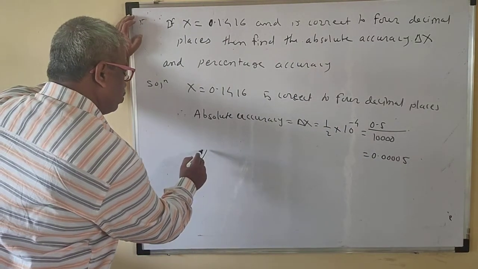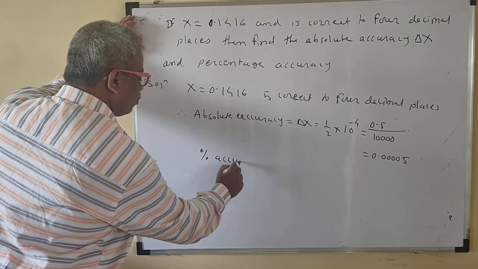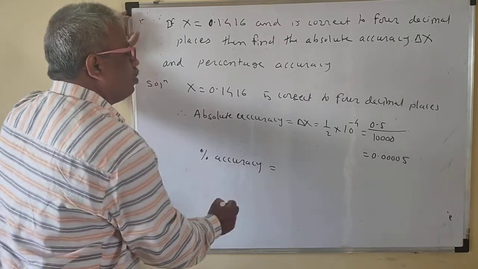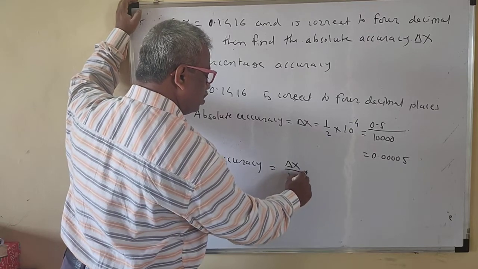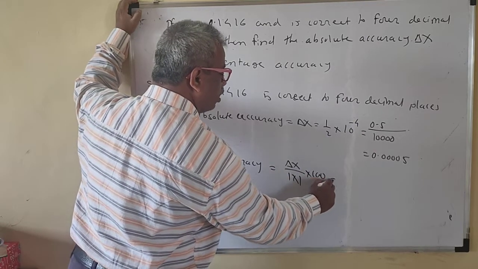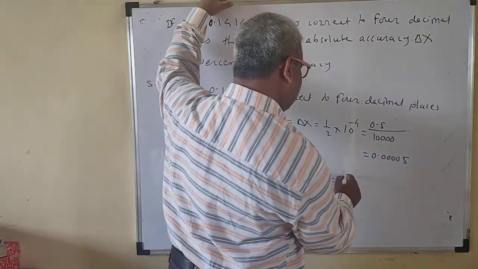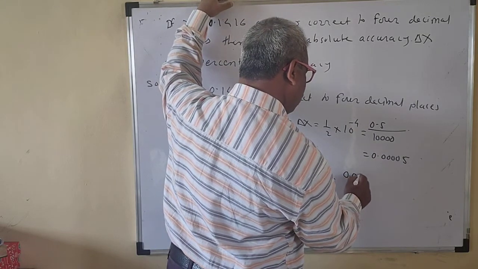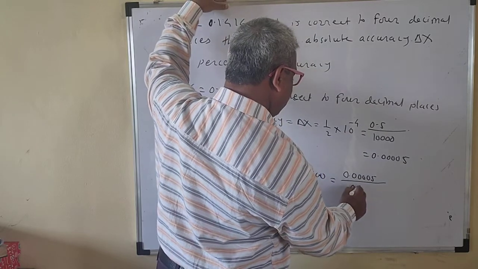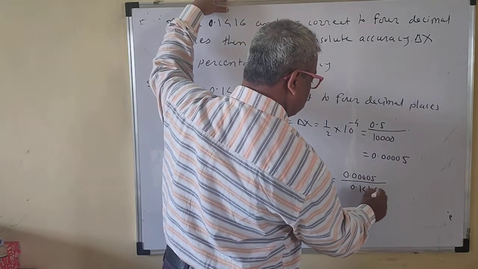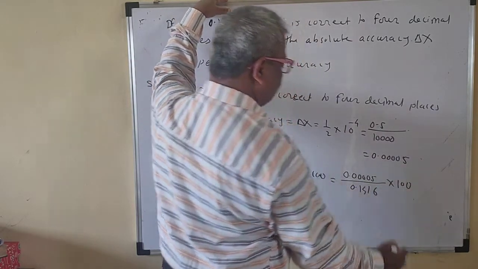Then percentage accuracy is equal to delta x upon mod x into 100. So this is 0.0005 upon 0.1416 into 100.